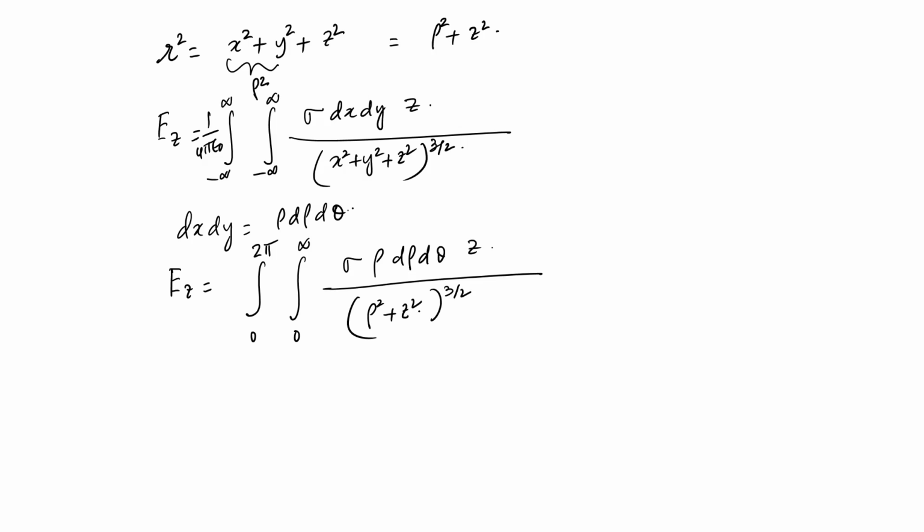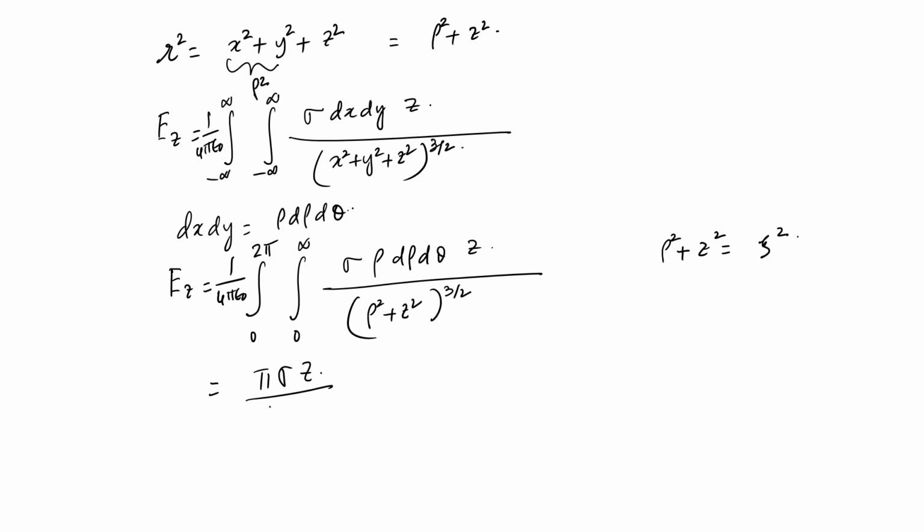And if you take this rho square plus z square equal to some other variable, say xi square, then this becomes equal to a pi sigma z, and we have a 4 pi epsilon 0 that I have forgotten here.